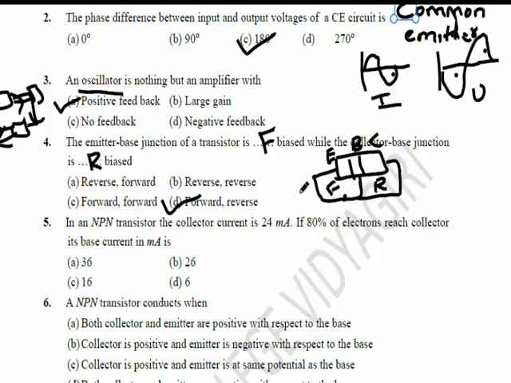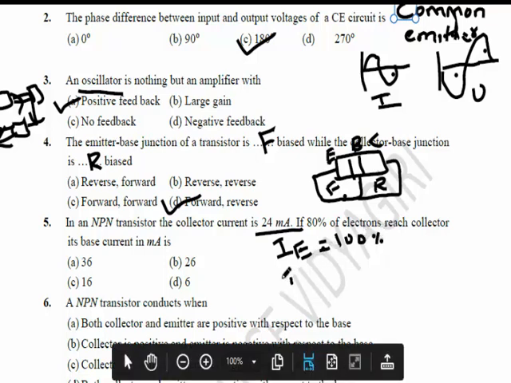Next, fifth one. In an NPN transistor, the collector current is 24 milliampere. 80% of electrons reach the collector. What is its base current? If you take 100% emitter current, out of that 100%, the collector current is 80%, and the remaining is the base, which will be 20%.